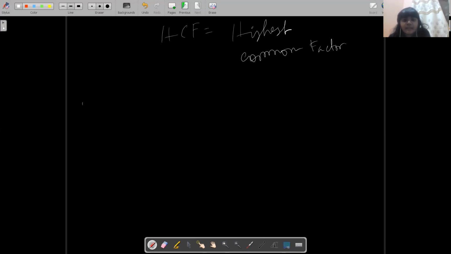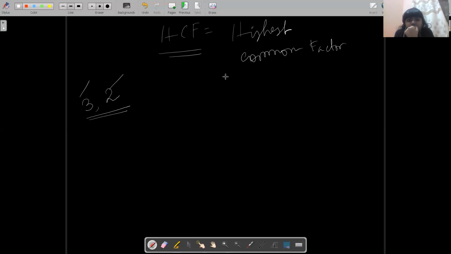Suppose there are these two numbers, 3 and 2. You have to find the HCF of these two numbers. You have to find a common factor, that factor by which both can be divided.